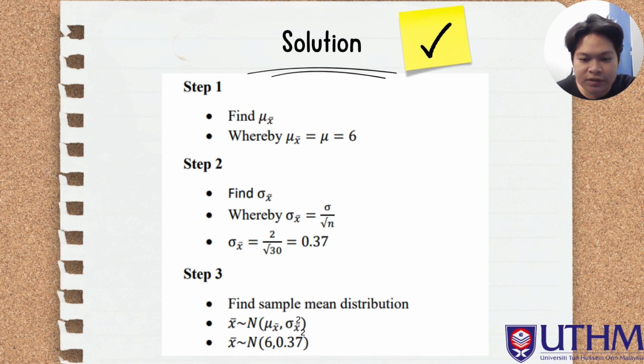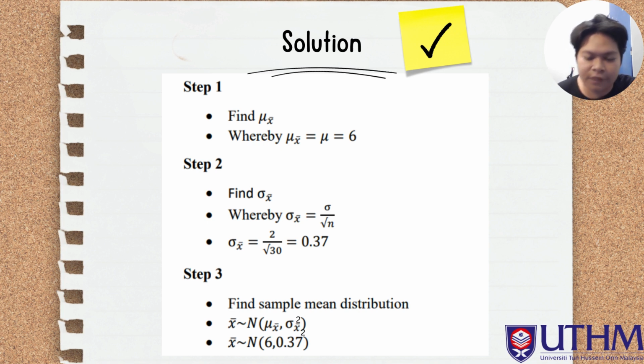This formula, standard deviation of X bar is equal to standard deviation of population over square root of n, is derived from the variance formula. By the information from the question, the standard deviation of the population is 2 and the sample size is 30. So 2 divided by square root of 30 is equal to 0.37.